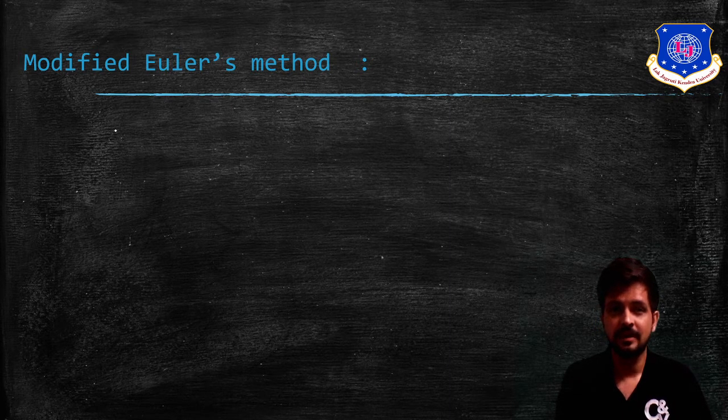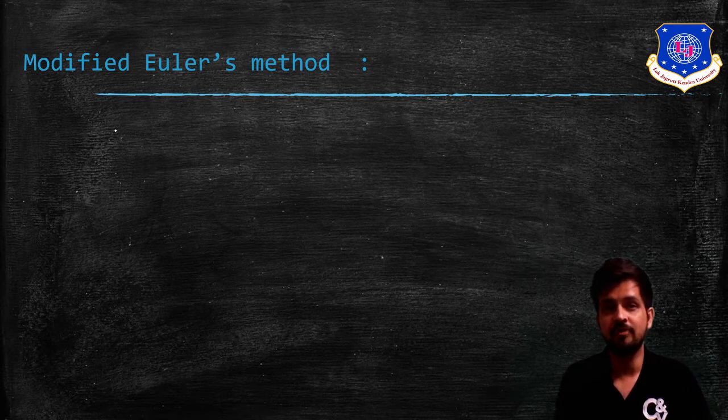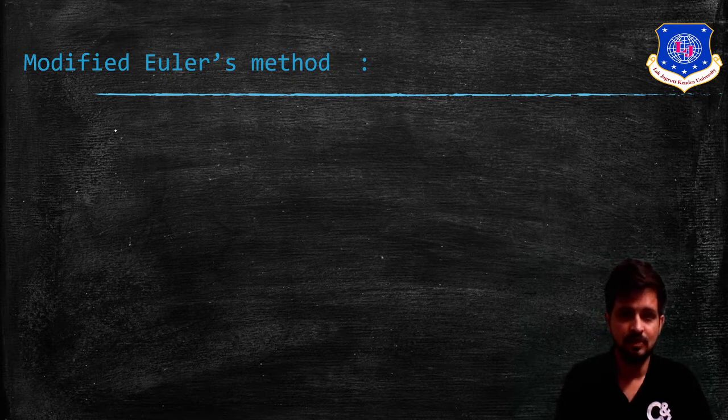But here in modified Euler's method we have to continuously find the approximations, and continue until we get the exact value of the first approximation, and after that we will find the second approximation. Let me write the formulas for that.